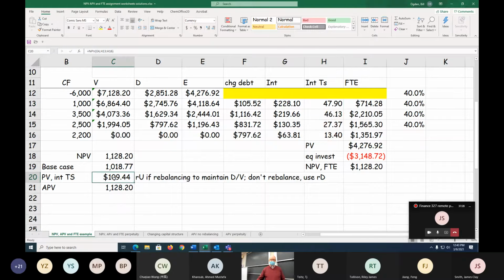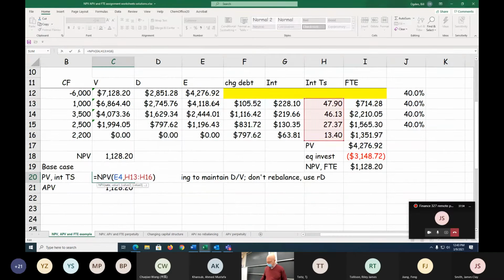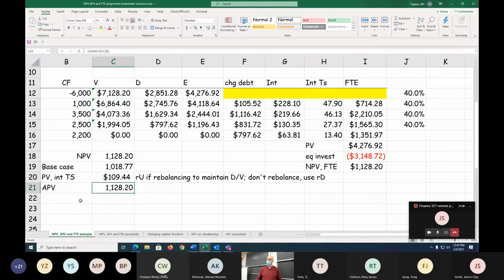So we'll discount the tax shields at RU, the cost of capital with all equity financing. We add that to the base case and we get the APV. Now another thing to remember is if you are calculating APV, float equity, and NPV, they should all be the same.